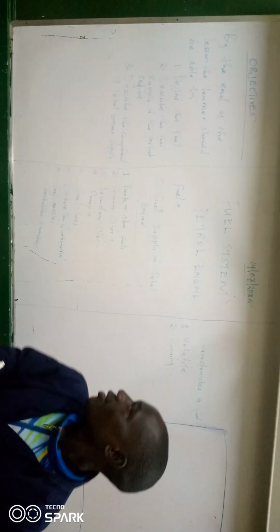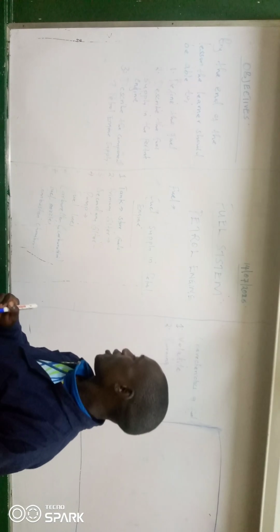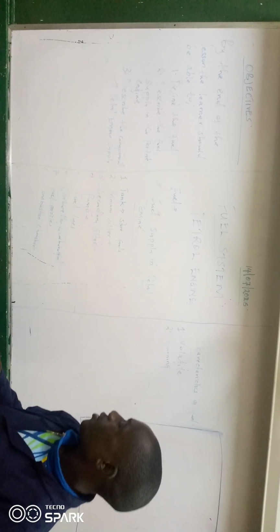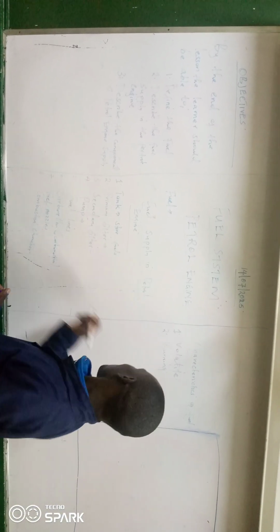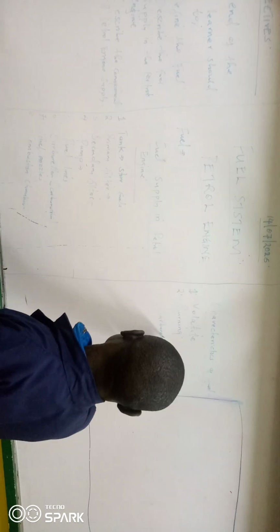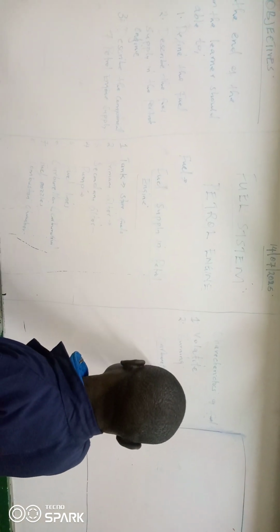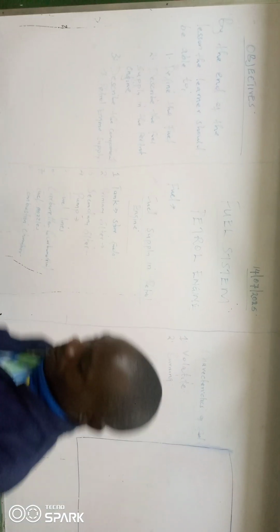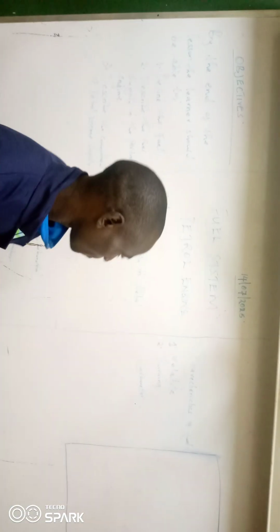What you should understand in the fuel supply under petrol engine, you should know the various functions of carburetor. So you should know the carburetor, and you should know how to draw it and label the parts of the carburetor.